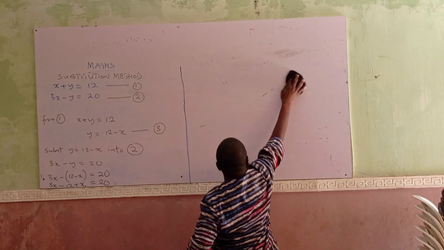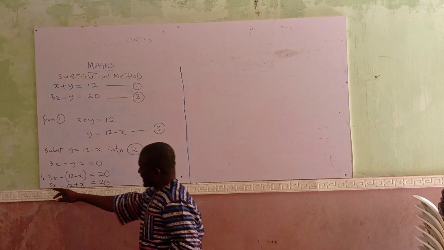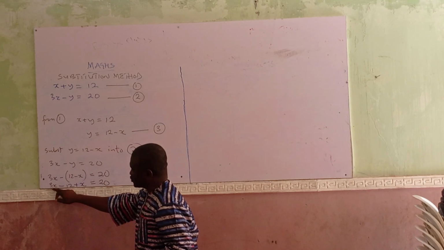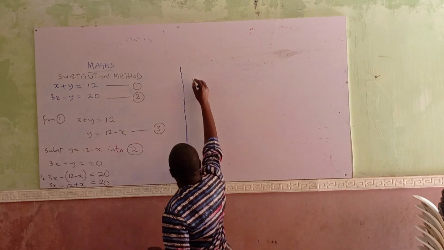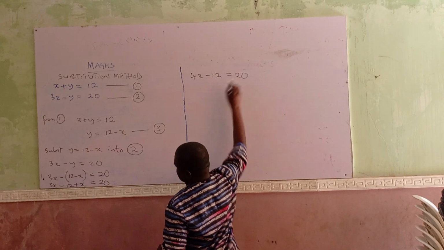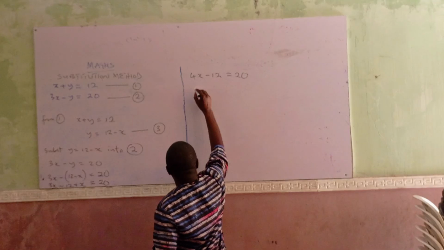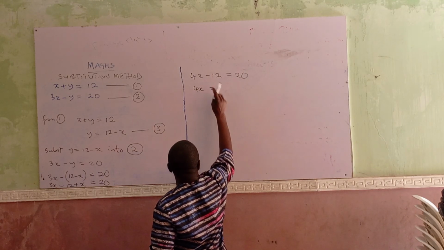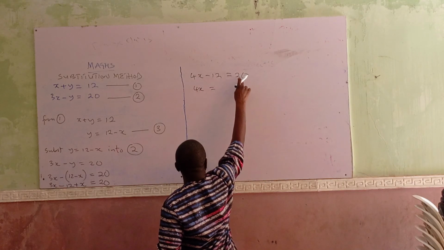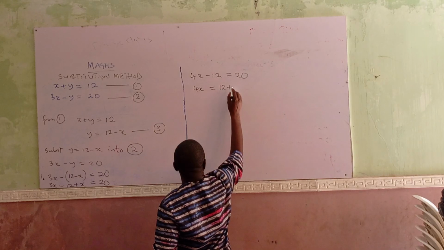Now let's look at it. We want to simplify the left-hand side. This and this are like terms, so when they join together they give me 4x. So I have 4x minus 12 equals 20. Is that okay? So I'll collect like terms. I have 4x equals 20 plus 12, because minus 12 leaves the left-hand side.